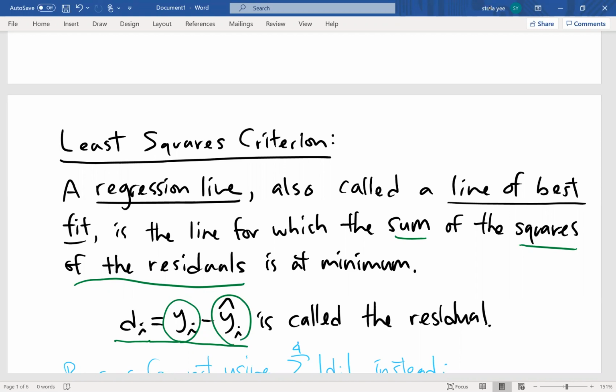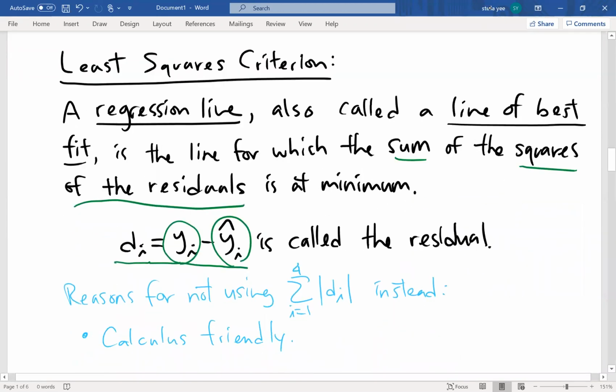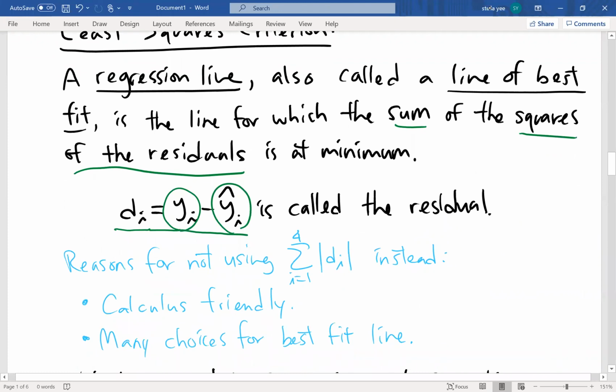If you see this criterion, you might wonder, why aren't we using absolute value instead? Why are we using squares? I have two answers for that. Number one is that it's calculus friendly.